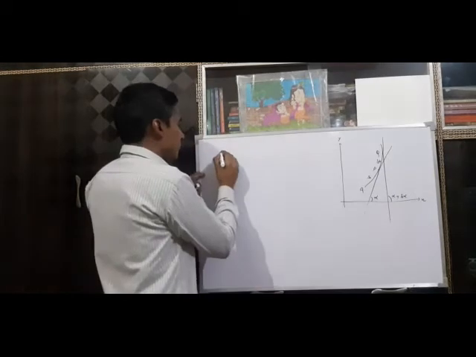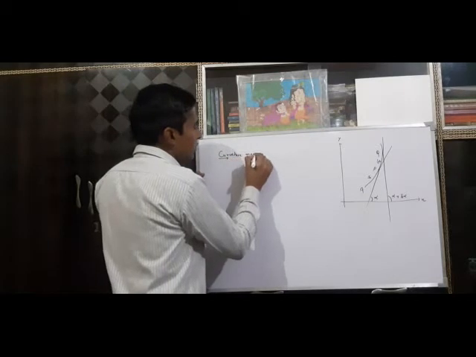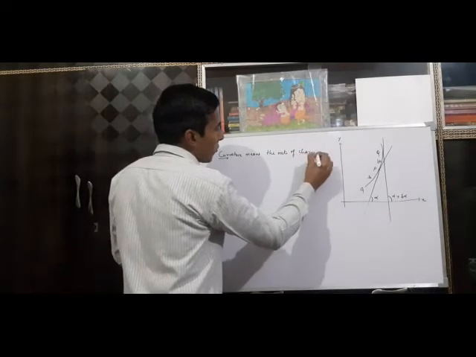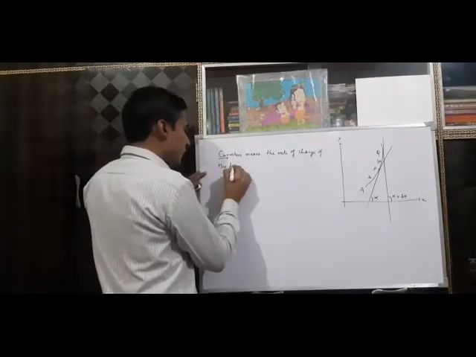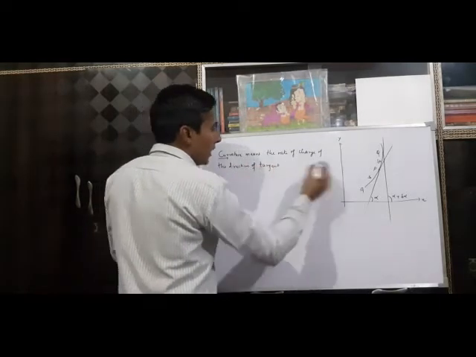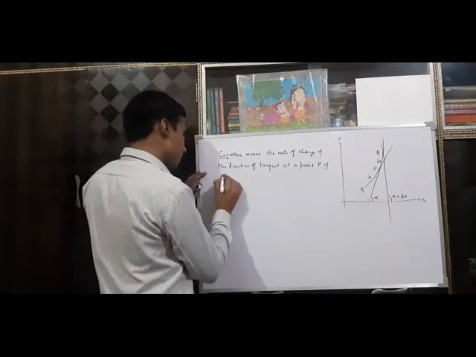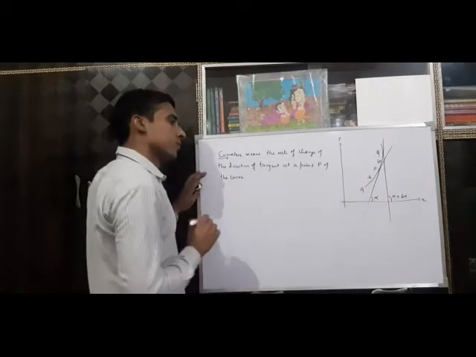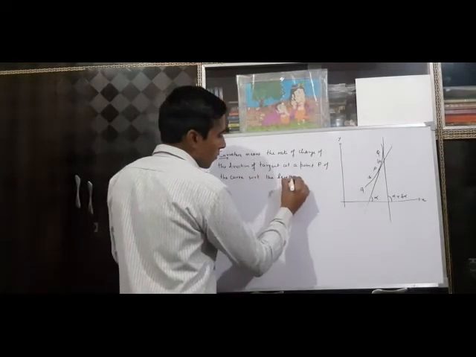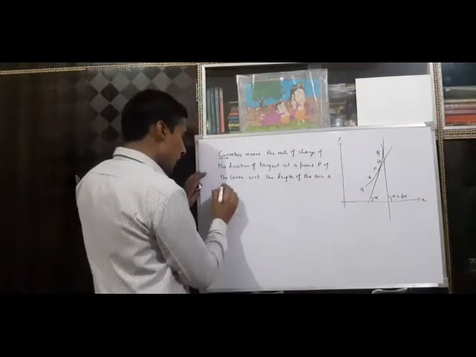So curvature means the rate of change of the direction of tangent at a point P of the curve with respect to the length of the arc S along the curve.